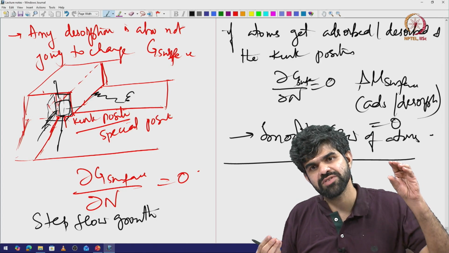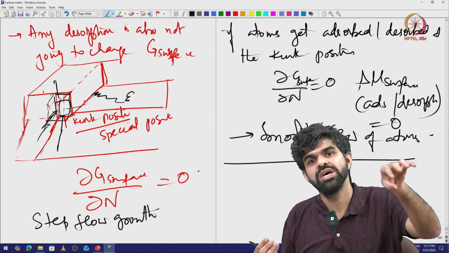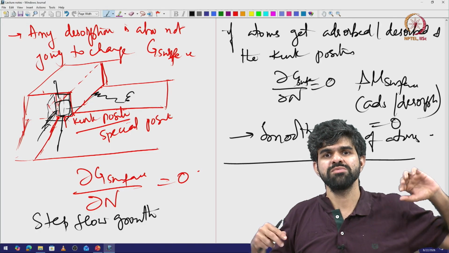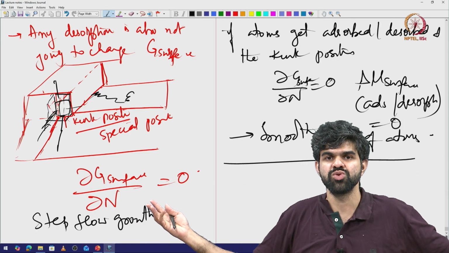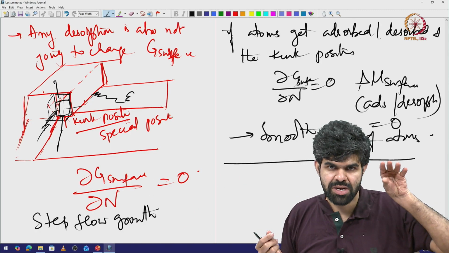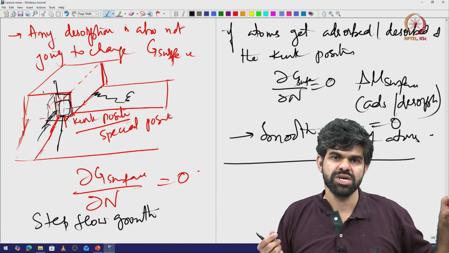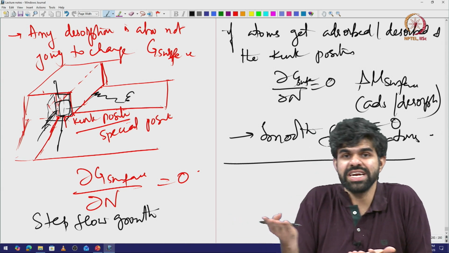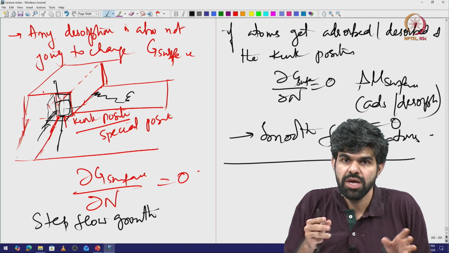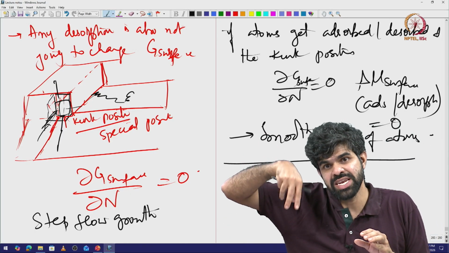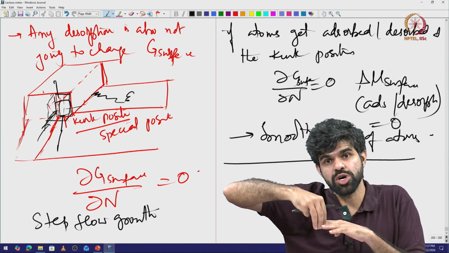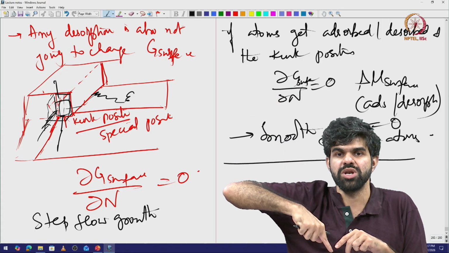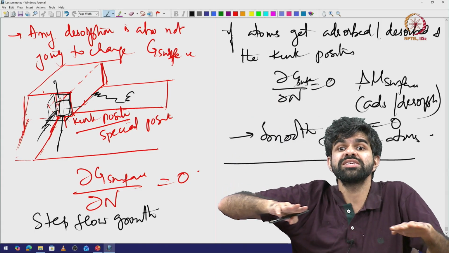Most probable event is for atoms to go and get stuck to a kink position, for the atoms to come out of the kink position, because I am not expending any energy in doing this, right. So, atoms are getting stuck, atoms are coming out, right. So, I am not expending any energy in either moving the surface or removing the surface. Okay. I mean, there is some change in energy when the atom comes and gets adsorbed or desorbed from the gas phase to the solid phase, right. But in the solid phase itself, right.